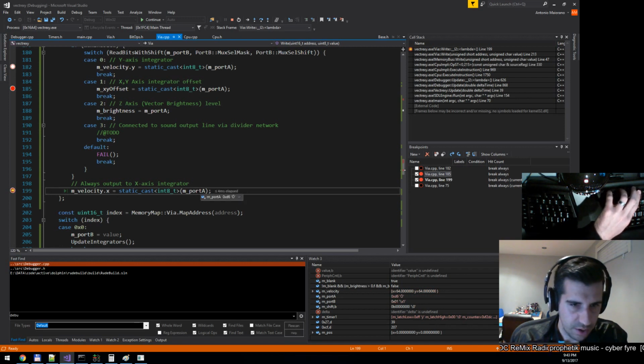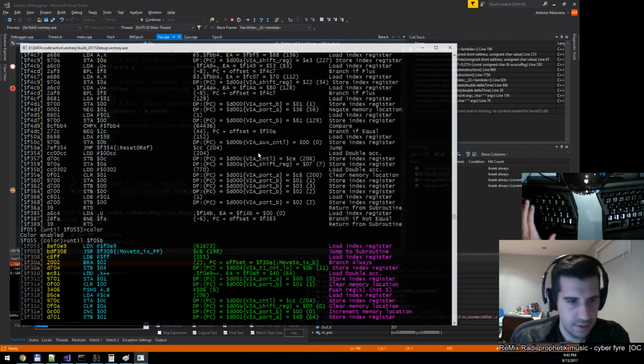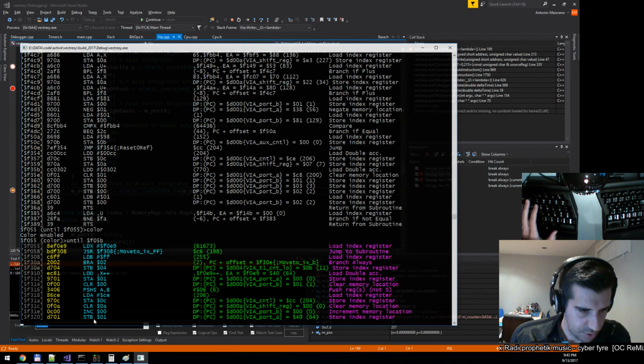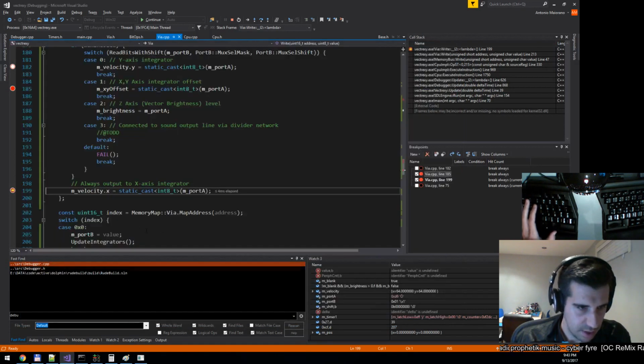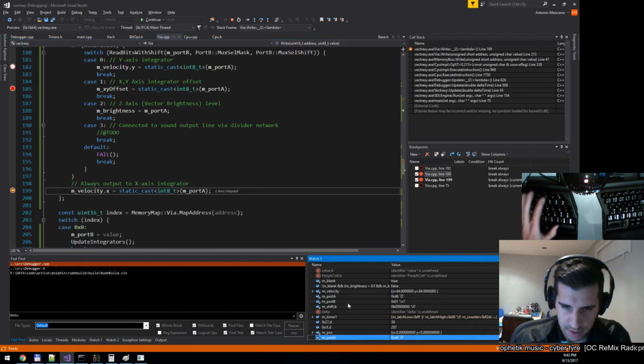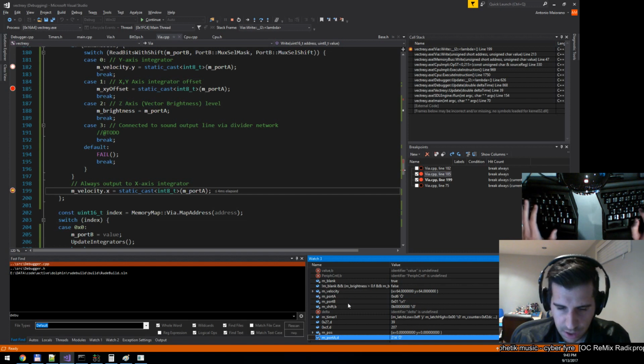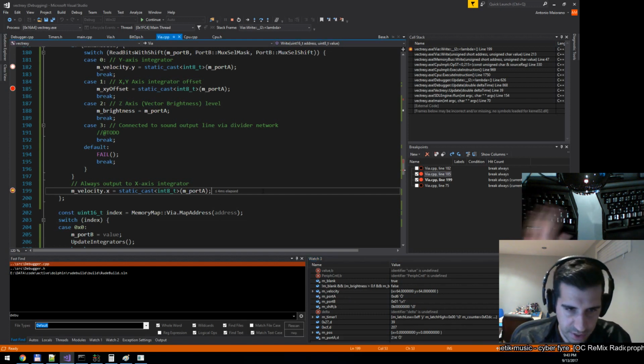Okay, and there we just got D6. Just looking here at the code. Store B to port A. Port A has D6, which is 214. So let's see if this does the right thing.